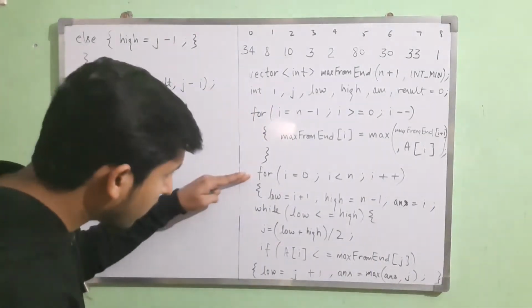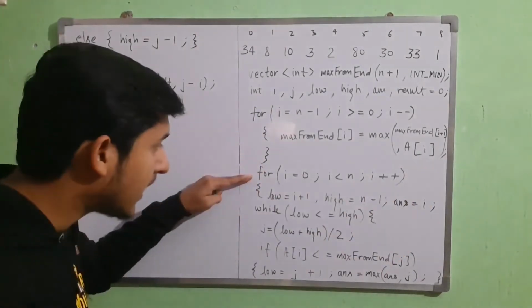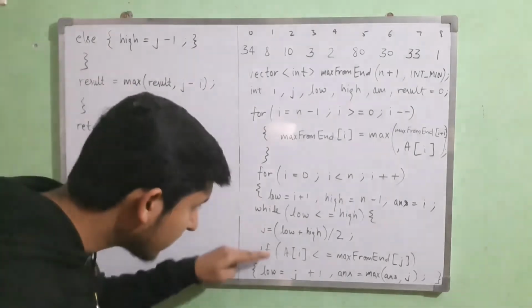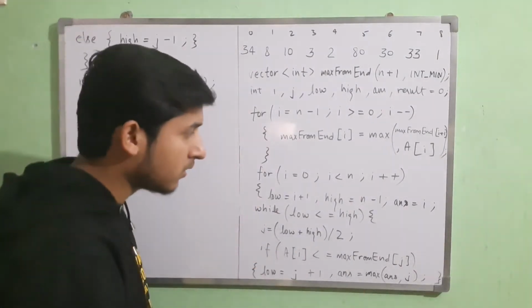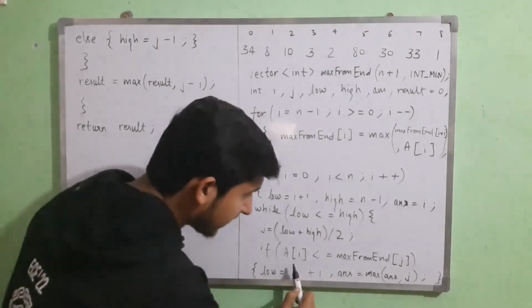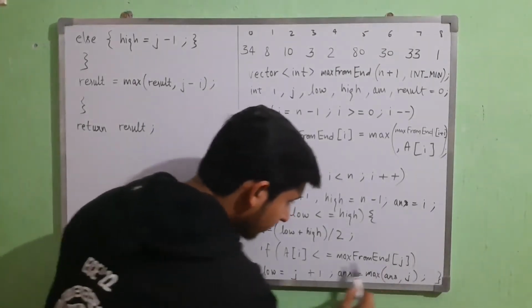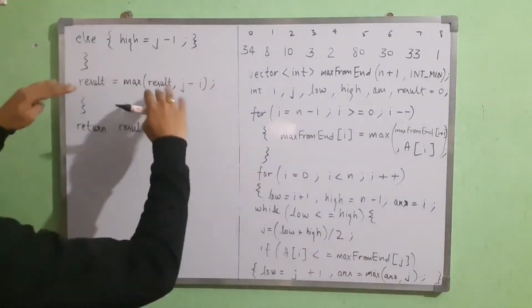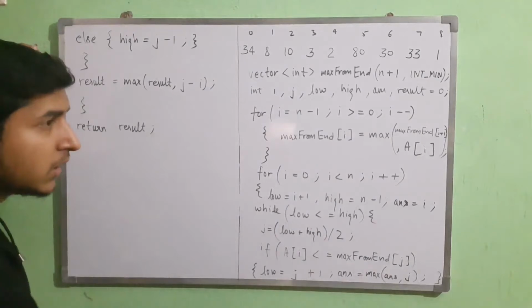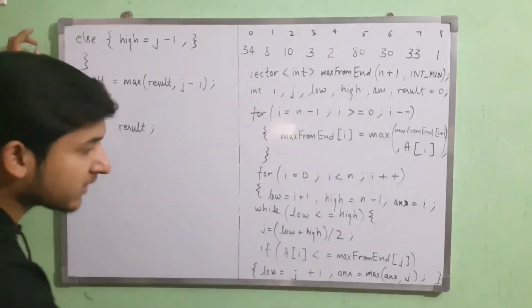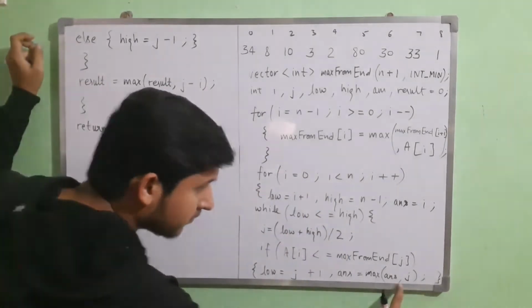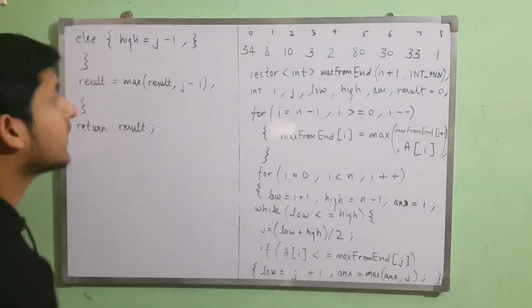Then for every i I am creating the condition that will give me the upper bound that satisfies this condition, and after that j will store the maximum index that can work, because it is updating every time the condition is satisfied.